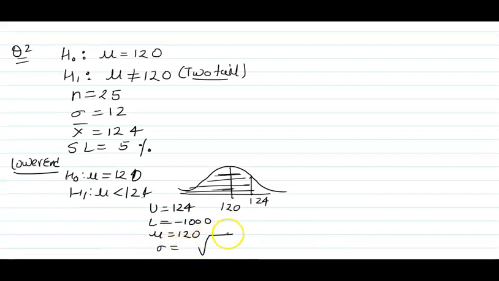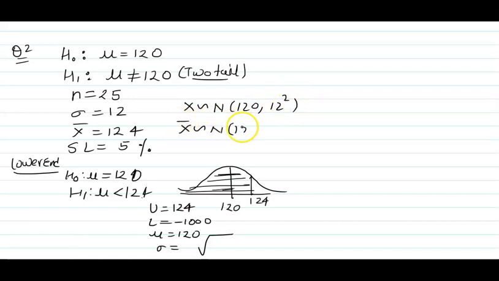Sigma will be a square root of 12 square, because here it is 12 square if you write down. So X is distributed normally with 120 and 12 square, and for the sample mean it should be 120 and 12 square over 25.